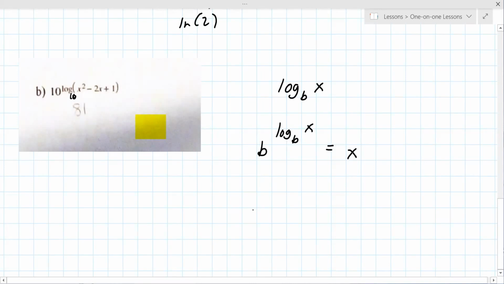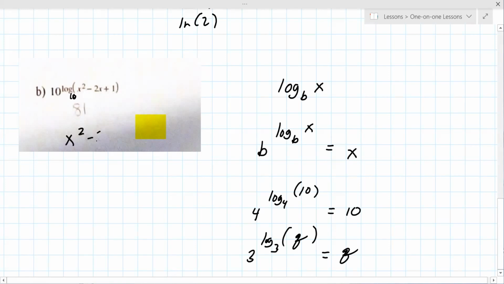So an example of this would be like 4 to the log base 4 of 10 equals 10. 3 to the log base 3 of q equals q. So this part up here, 10 to the log base 10, it just undoes it, meaning it cancels it out. So the answer here is just x squared minus 2x plus 1.